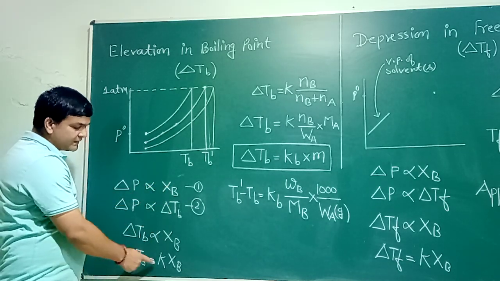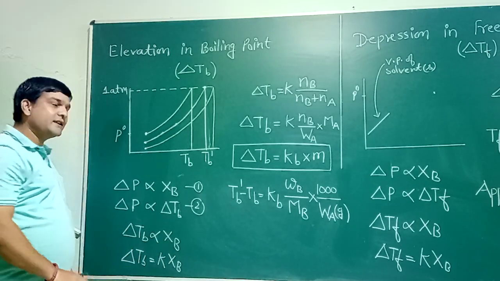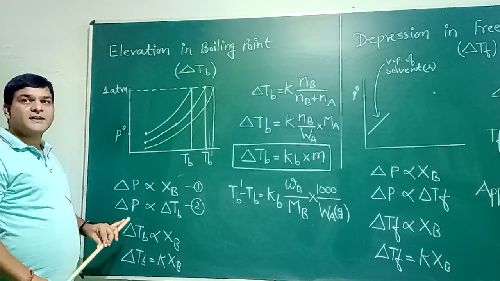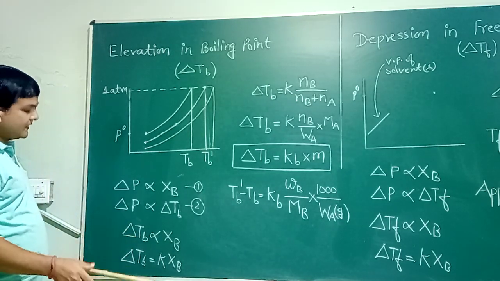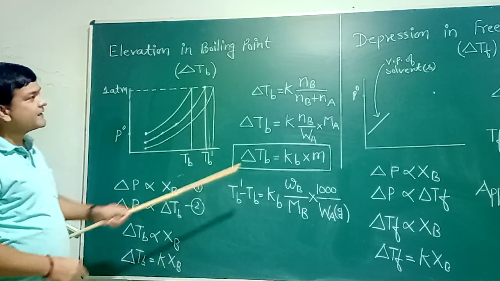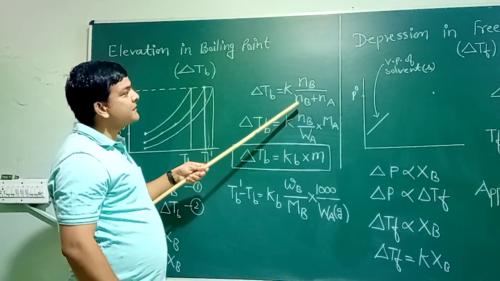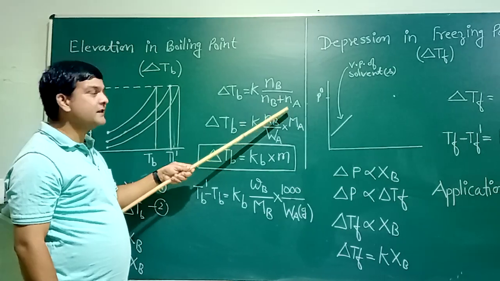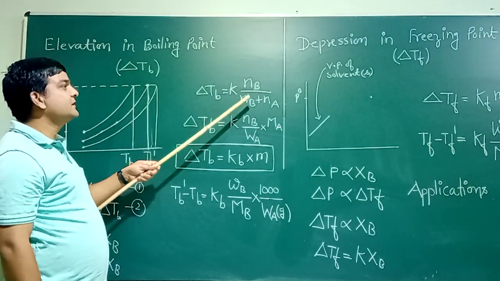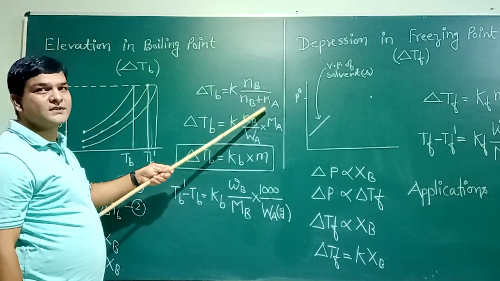Now delta TB equals K XB, where K is a constant, also known as elevation constant. Further, for numericals, XB can be written as nb upon nb plus na. Nb is solute and na is solvent.